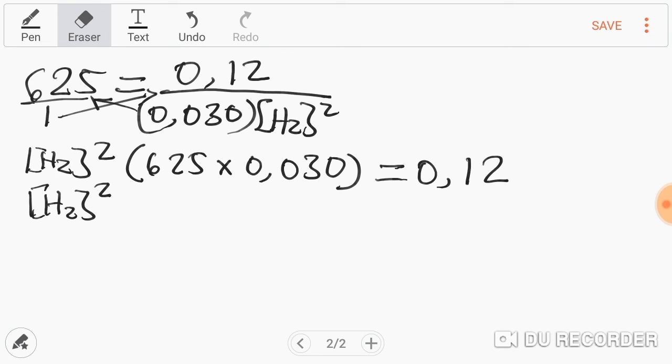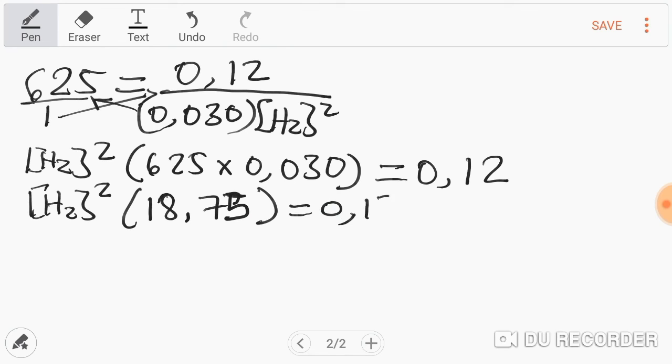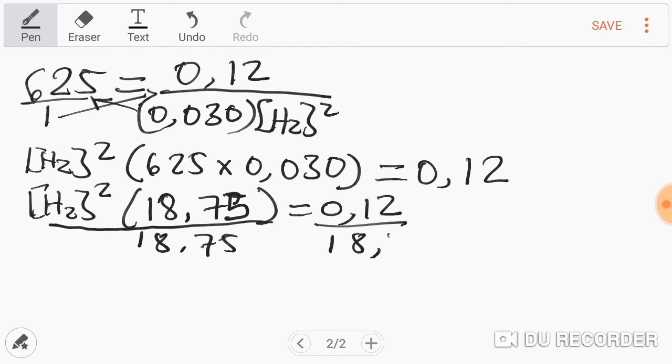625 multiplied by 0.030 gives us 18.75, which is equal to 0.12. So we divide both sides by 18.75, and then these ones cancel each other.